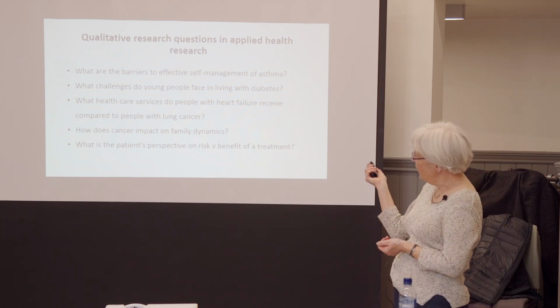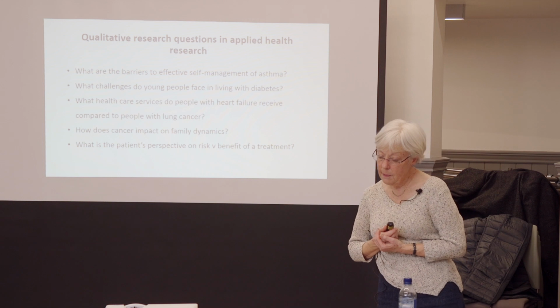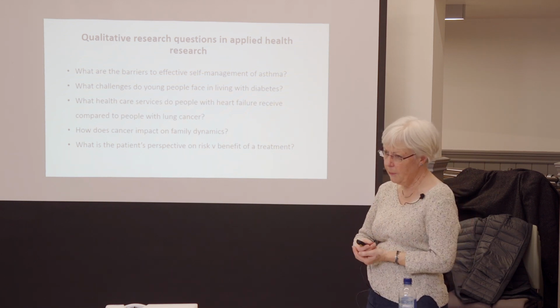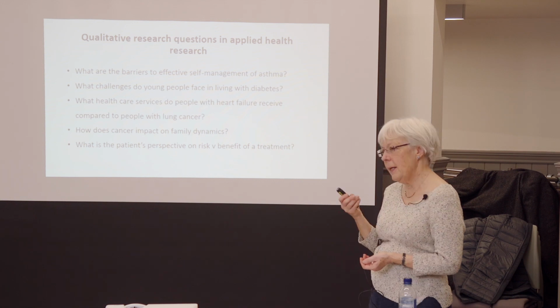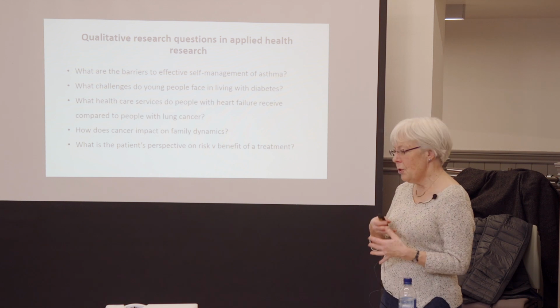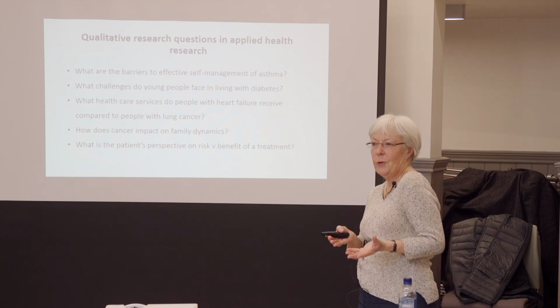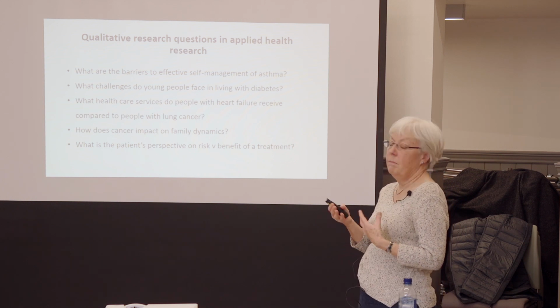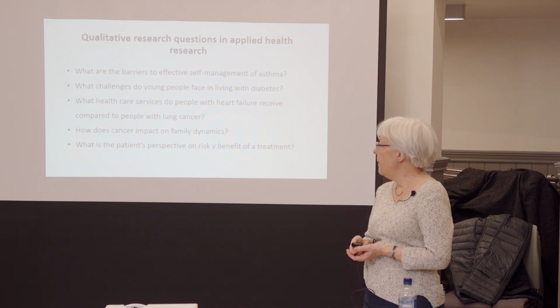And I think this last one, patient's perspective on risk versus benefit, is becoming increasingly pertinent with all the new treatments that we have available now. I find I'm getting asked a lot about this in relation to patient involvement. There's a whole lot more things we can do now that we couldn't do 20 years ago with data, with tissue samples.